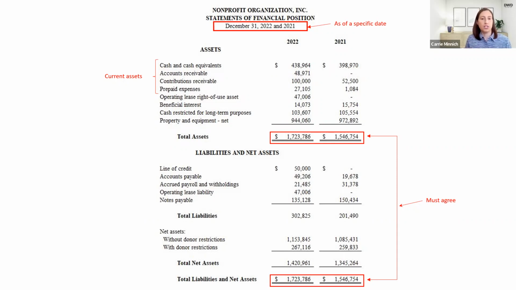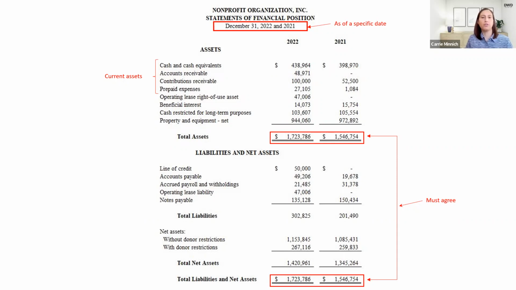So if your organization does not currently have a capitalization policy in place, that's probably something you want to consider. A capitalization policy basically says that when we purchase items that have a life in excess of 1 year and a dollar amount over a set threshold, for nonprofits, common is $500 or $1,000, but again, it just depends on the nonprofit, then we are going to capitalize those items.